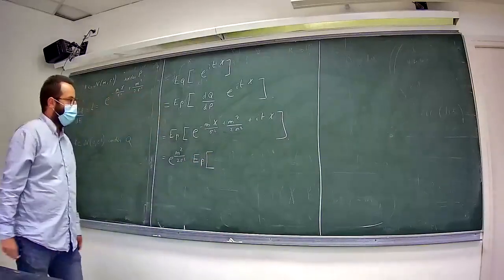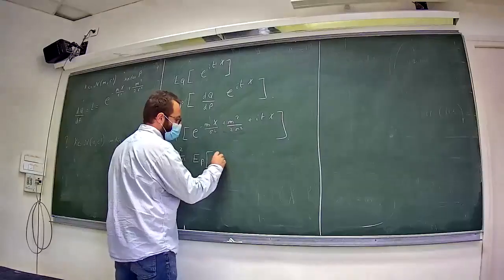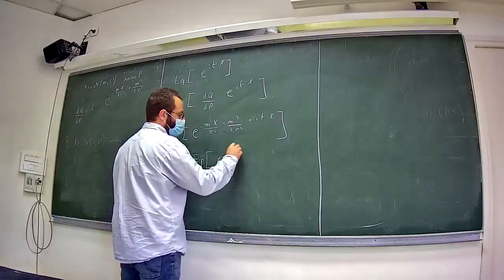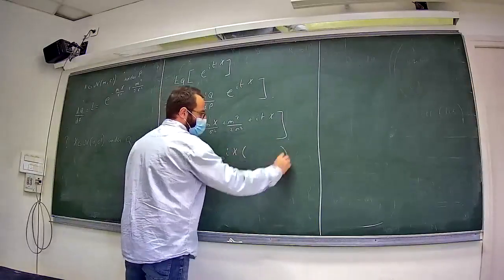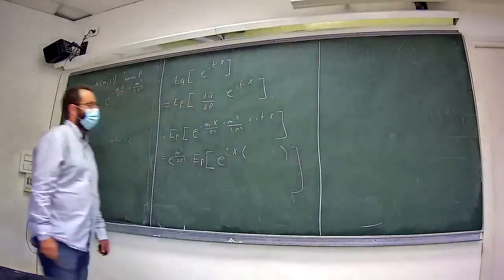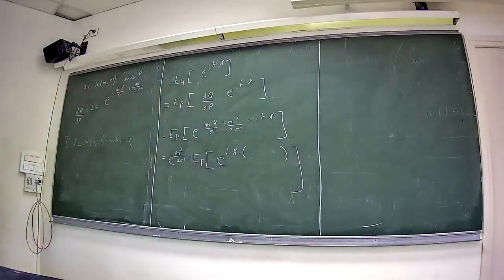So I can write it this way. Exponential of i, X, and someone inside, in order to use what I know about the characteristic function of X under P. Okay? So what do I have?